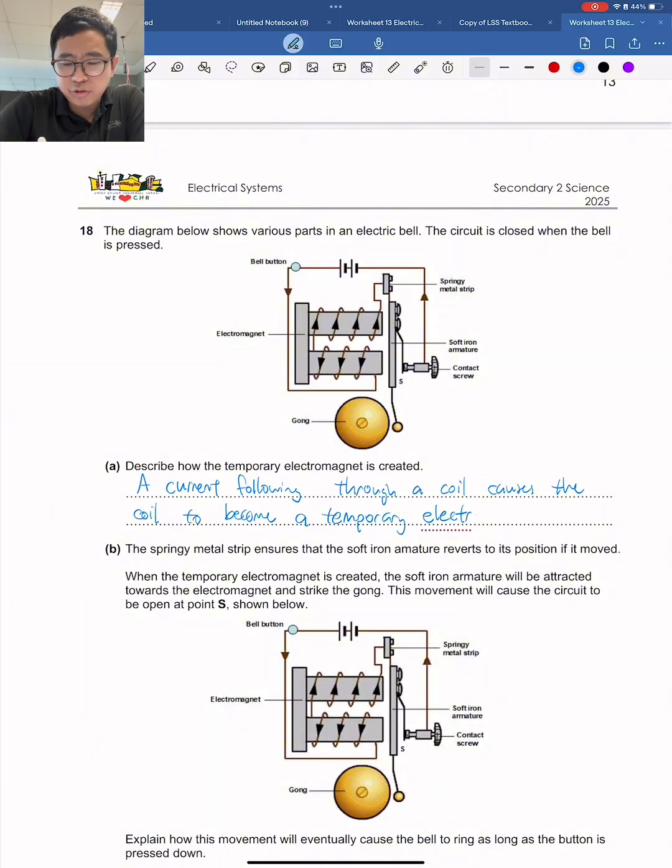In this case, actually, temporary is redundant because all electromagnets are temporary.